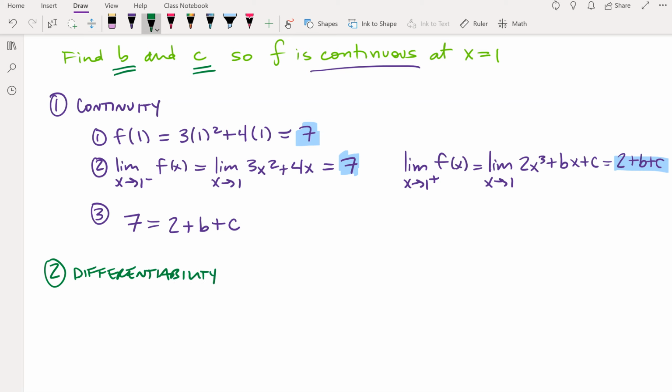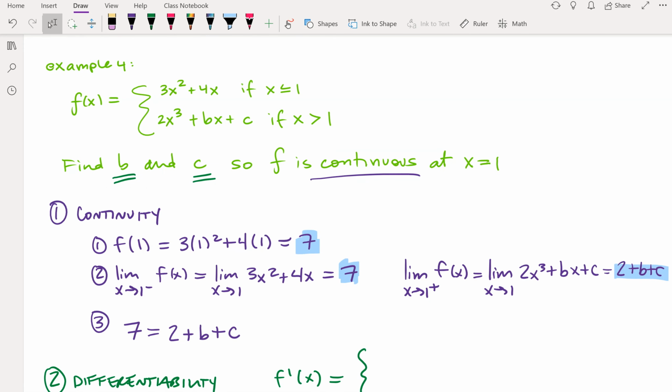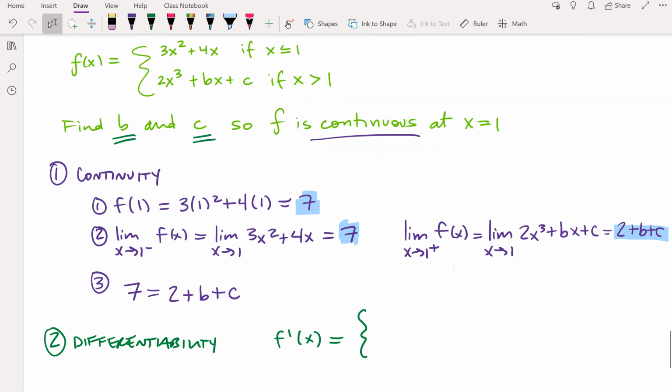First step for proving differentiability, we need to find f prime of x. We know it's going to be a piecewise function, so let's find it. The top piece is 3x squared plus 4x. The derivative of that by the power rule is 6x plus 4, for x less than 1.